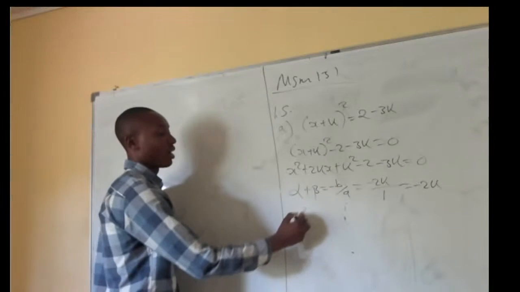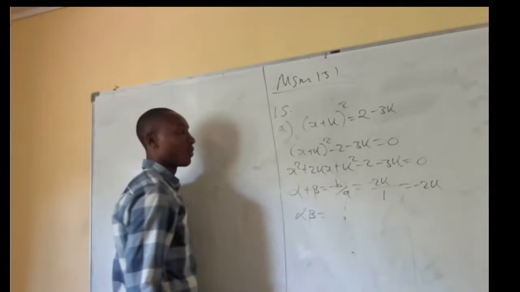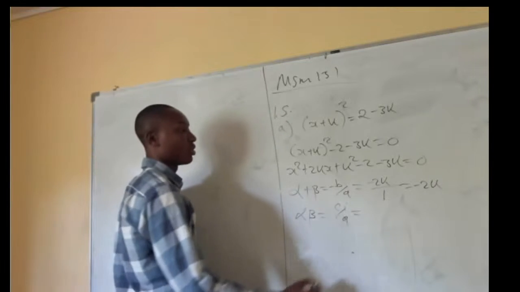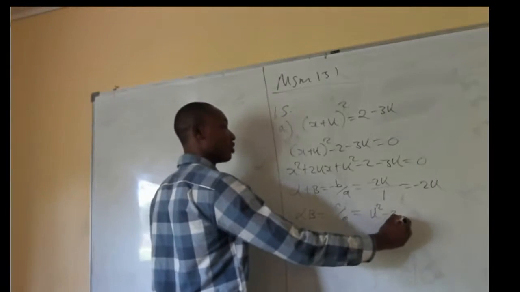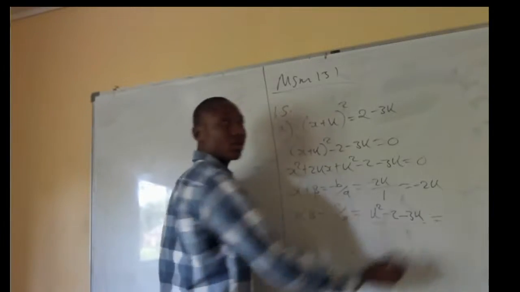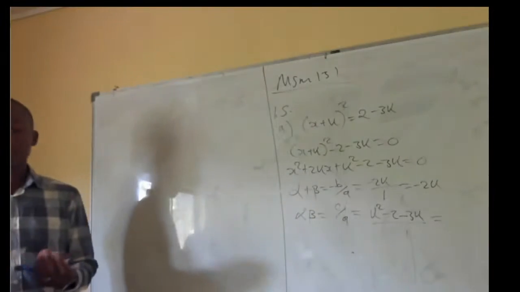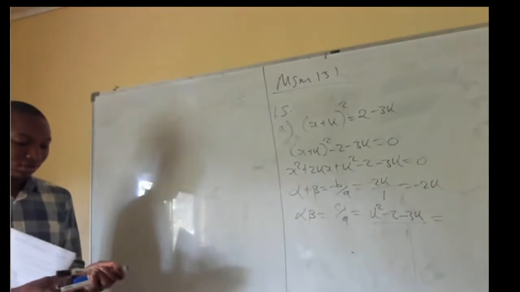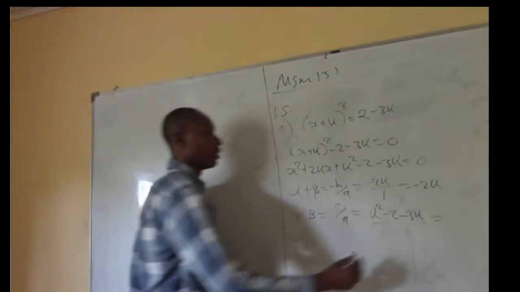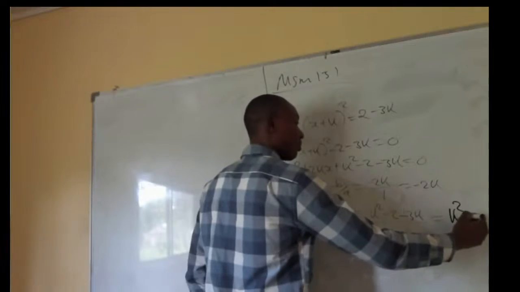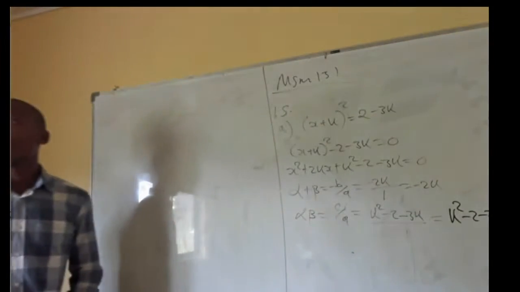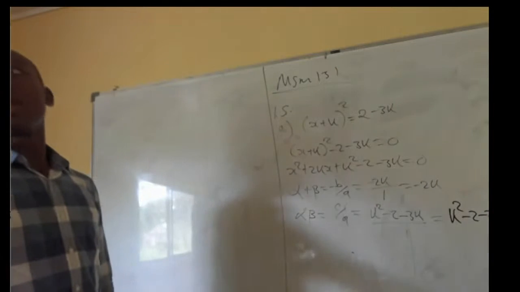Then the product of the roots is C over A, which is k squared minus 2 minus 3k over 1. That is the product that we get.